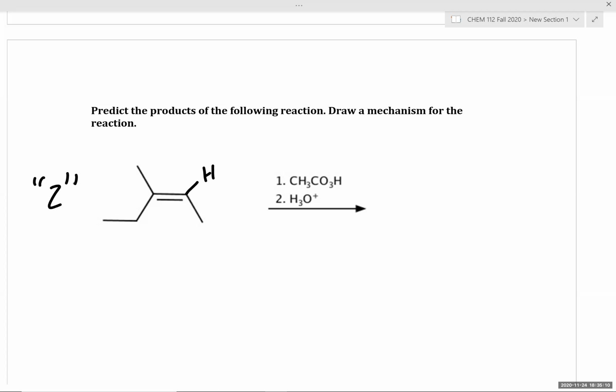So let's talk a little bit about what's the first thing that's going to happen. What do we call this first reagent? So it's not quite MCPBA. MCPBA, just for your reference, looks something like this. Metachloroperoxybenzoic acid.